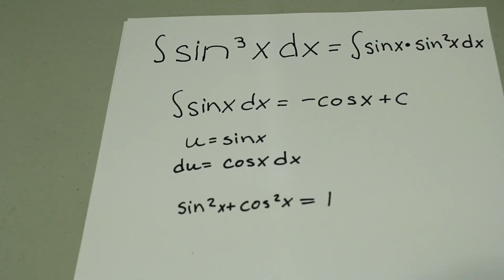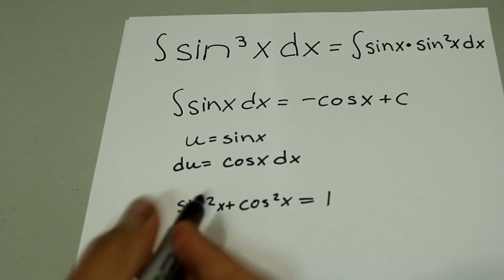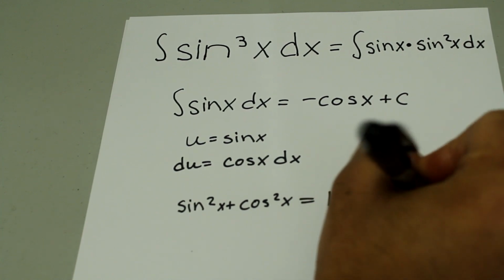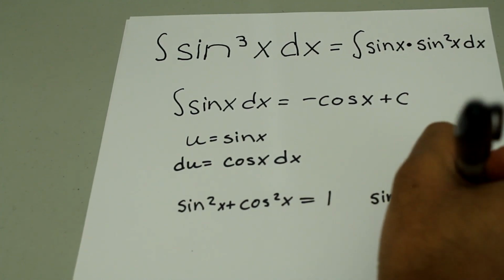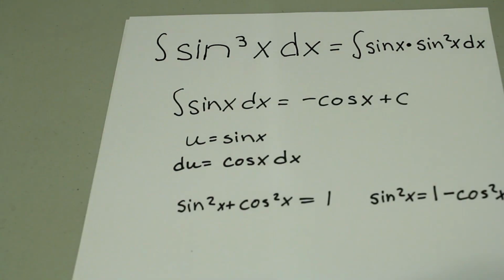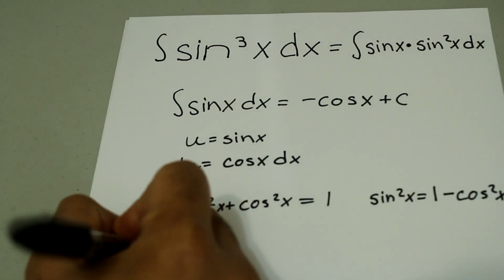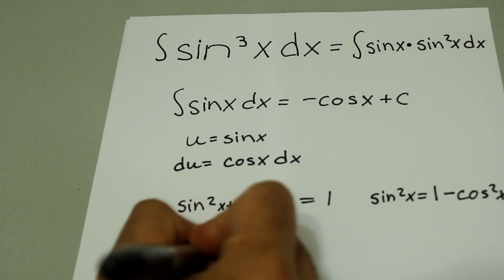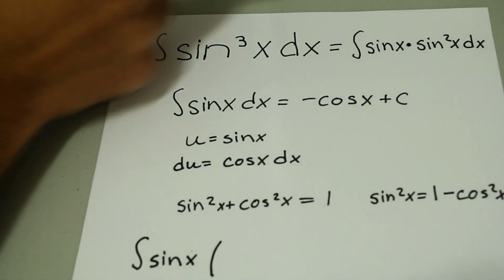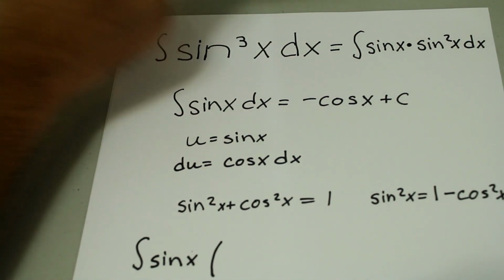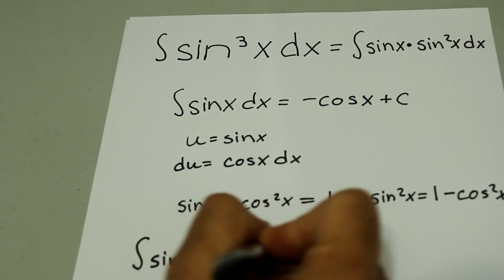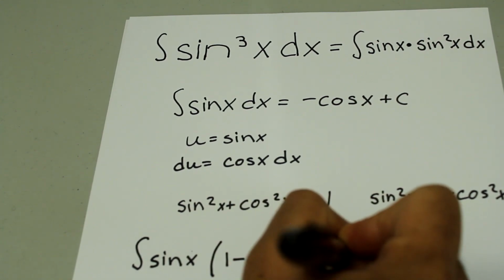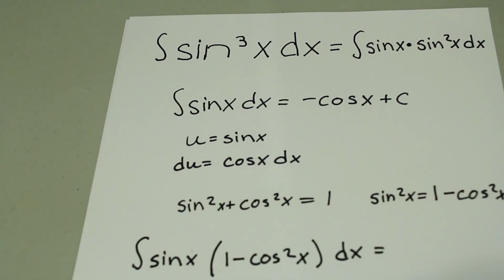Same thing. So now all I have to do is isolate this and we get sine squared x equals 1 minus cosine squared x. So if I rewrite this, sine x times, and I'm going to replace the sine squared x with 1 minus cosine squared x dx. Now I can distribute.